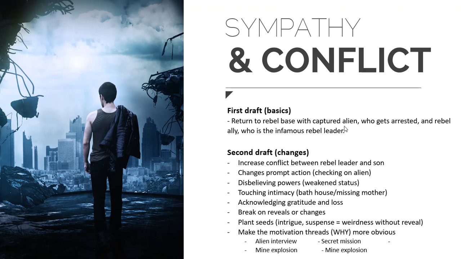So the basic story that is present in the first draft is those three protagonists return to the rebel base with a captured alien who's one of the protagonists. They get arrested, and so she returns with the captured alien who's her friend who gets arrested, and the rebel ally who is the son of the infamous rebel leader.